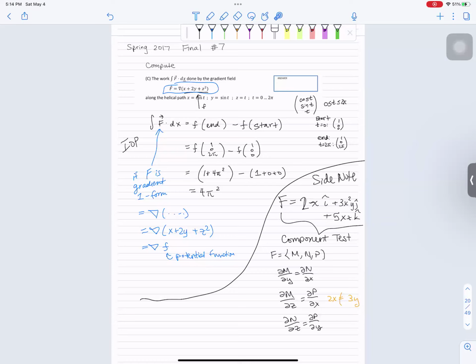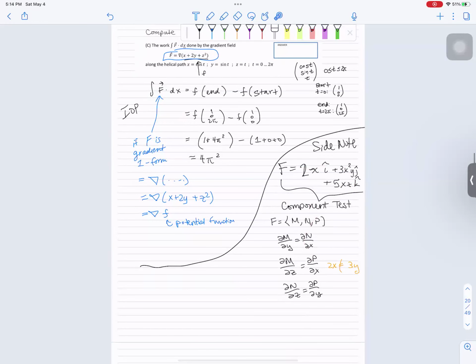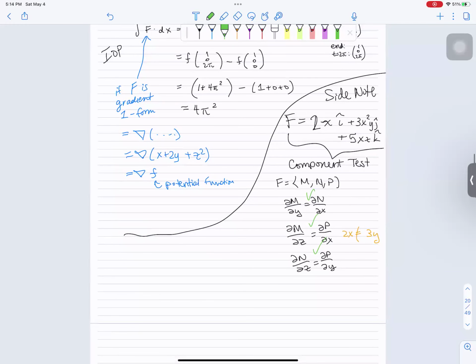In other questions, if they gave us capital F as some weird thing and we used the component test and saw, oh yeah, it works, it's a gradient one form, then we would have to do the work and try to find the potential function, which is a lot more work. The way you find the potential function is you take the first component.